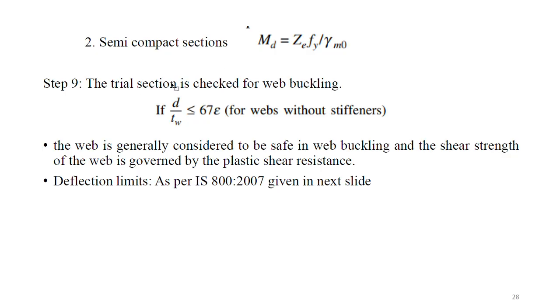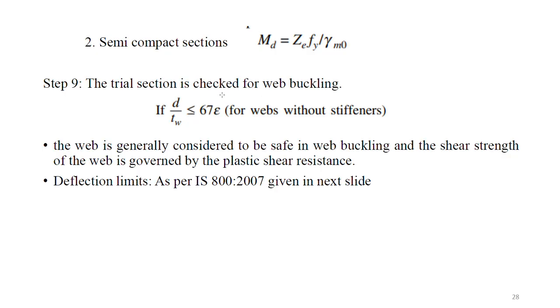Okay, the trial section is checked for web buckling if the depth by thickness of the web ratio is less than or equal to 67 times epsilon for a web without stiffener. If you are providing any section without stiffeners, then the d by thickness of the web ratio should be less than 67 epsilon.